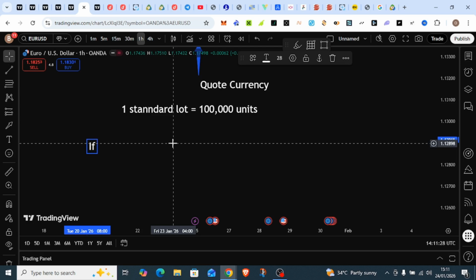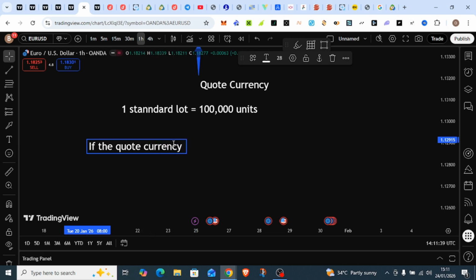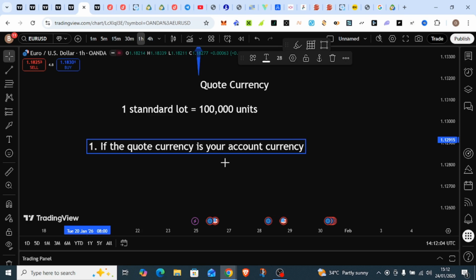If the quote currency is your account currency, this is the first condition, number one. Then the formula we use is this, right?